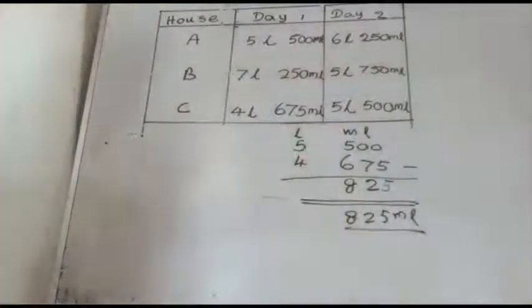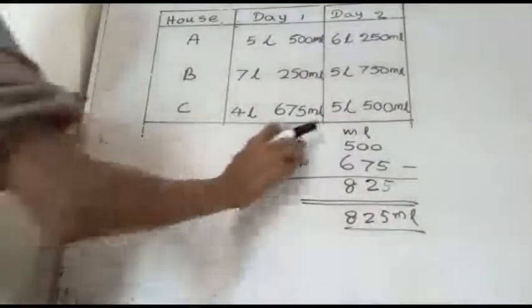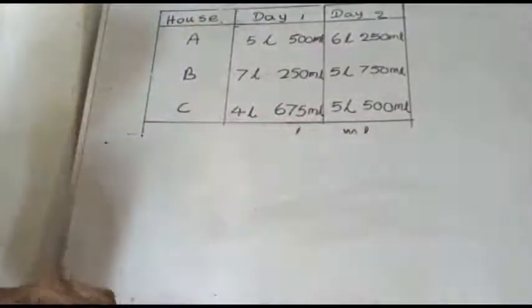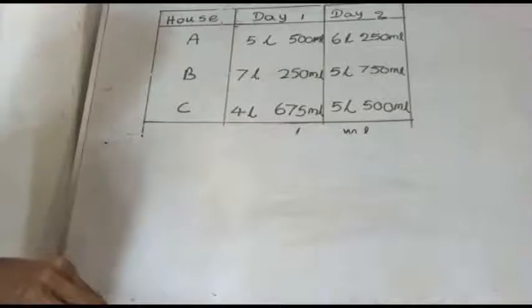Now, part 4. Find separately the total quantity of milk provided by the house B and C during the 2 days.